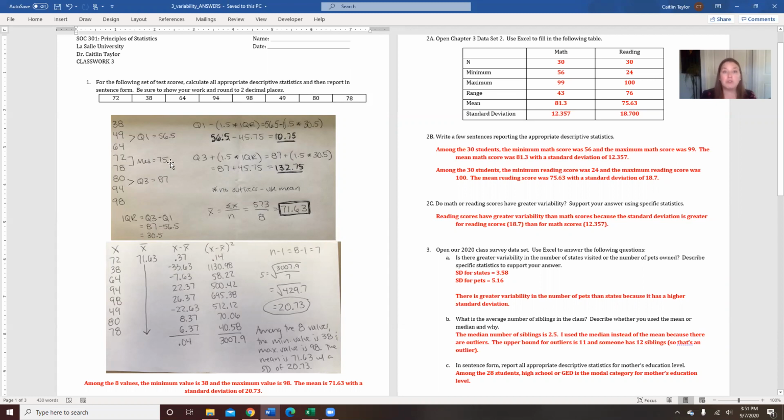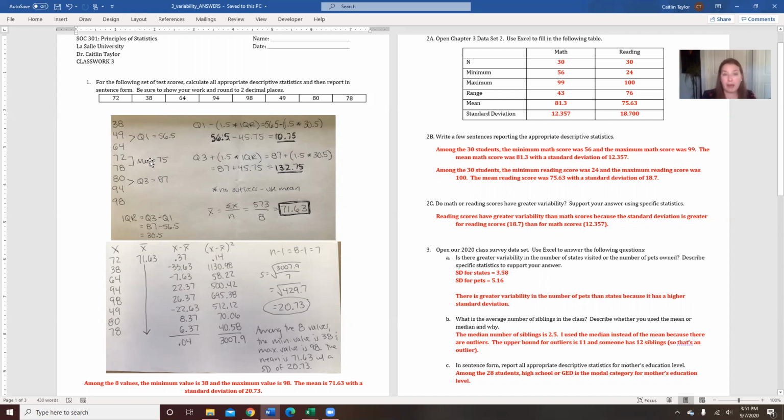Then we need to find our first quartile or our 25th percentile, and then our third quartile or our 75th percentile. To find our Q1, we're looking at all of the values below the median, so from 38 up to 72. There are 4 values, so that means there are 2 middle values, 49 and 64.